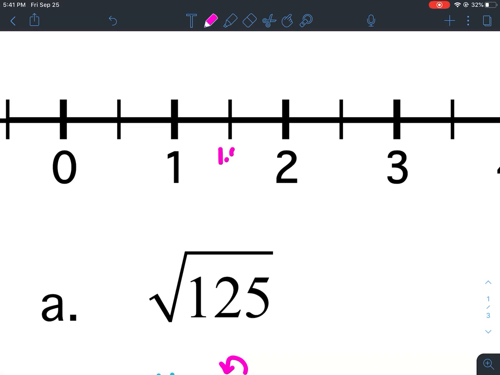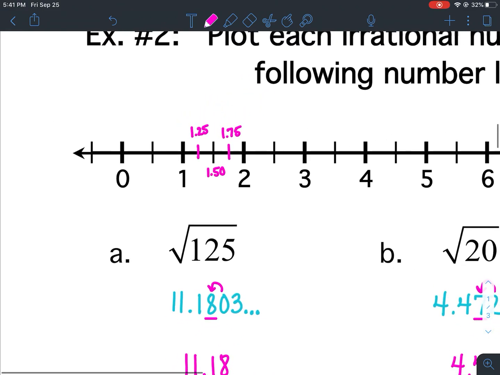Well, this would be 1.50. What's halfway between 1 and 1.50? Thinking money, that'd be a quarter. So that'd be 1.25. Between 1.50 and 2 would be 1.75, because that would be 3/4. So if you think money, it makes plotting these points much, much easier. Okay? So let's do that now.